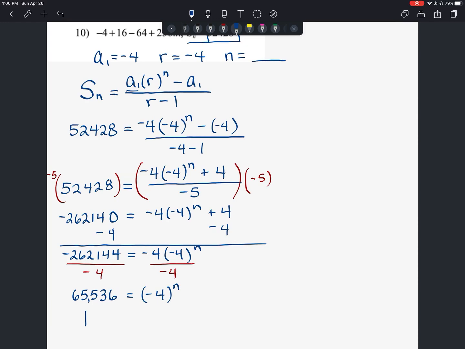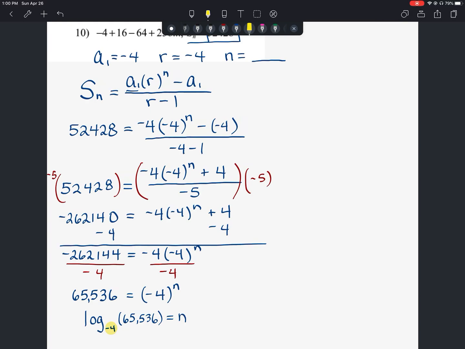But if we do this, check out what we have: log base -4 of 65,536 equals n. Now, if you tried to type this into your calculator, you'd run into a problem, because you can't have a negative base under log.